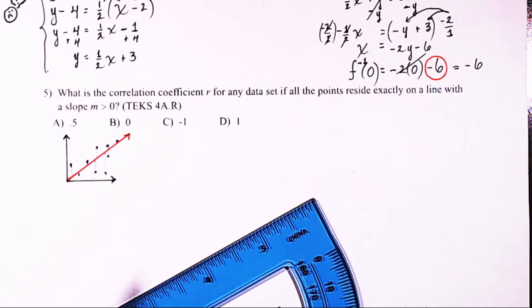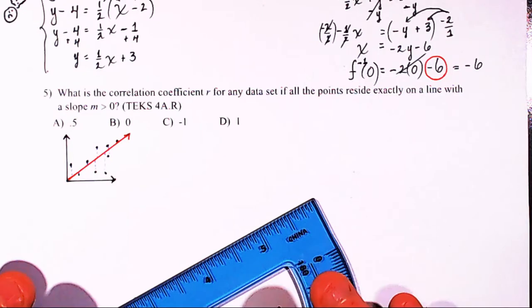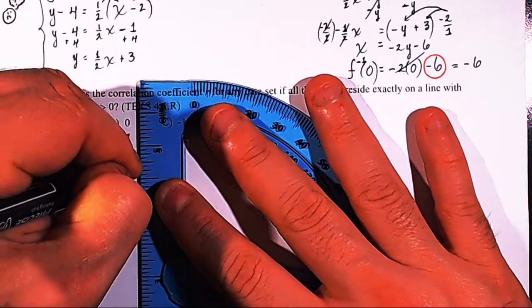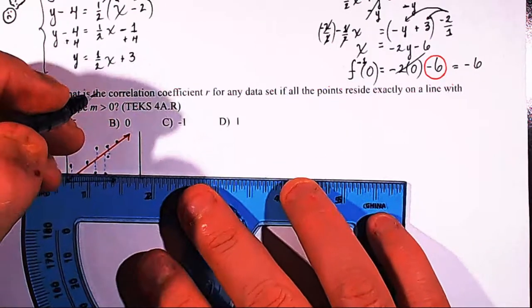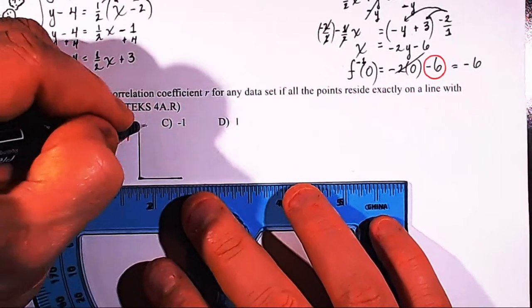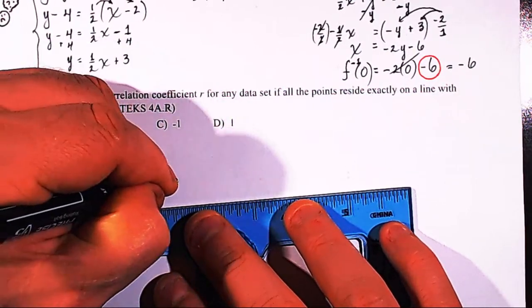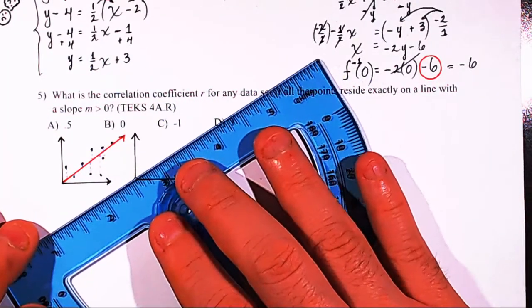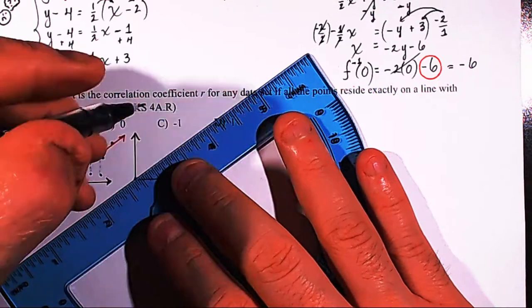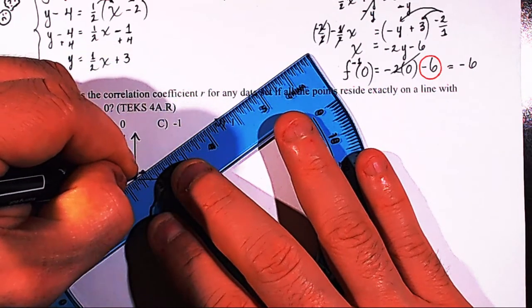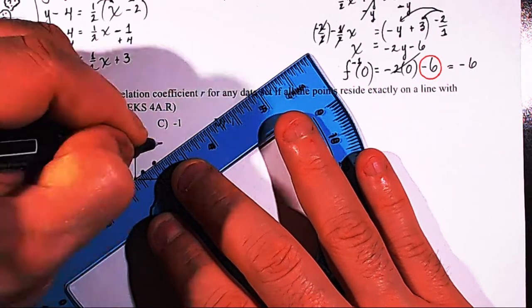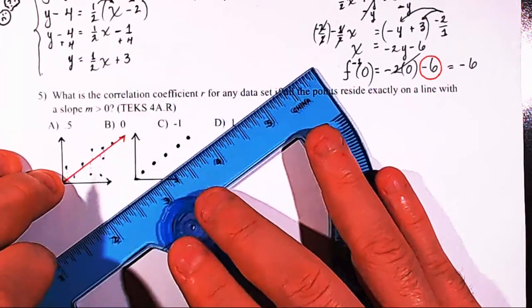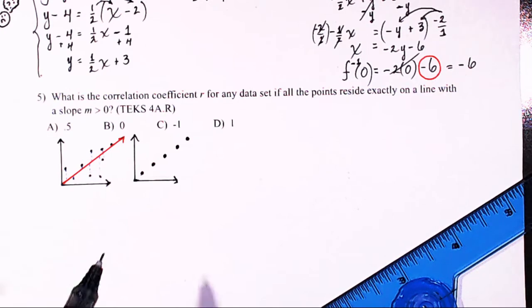Let me show you a graph that has a correlation coefficient of 1. Okay, look at that one right there.